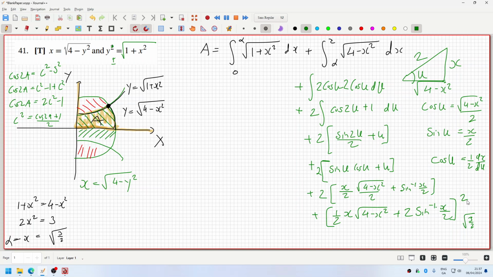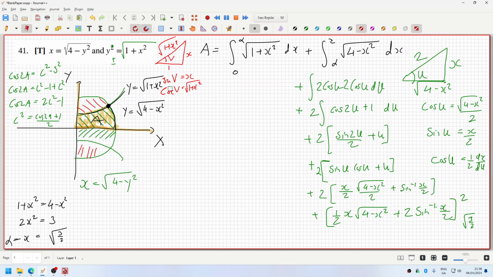Well, that's the right side. But what substitution can we use for the left one? Could we do something similar? We have a triangle, and that's 1, and that's x, and that's root 1 plus x squared, and that's v. So sine v equals x, and then cotan v is root 1 plus x squared.